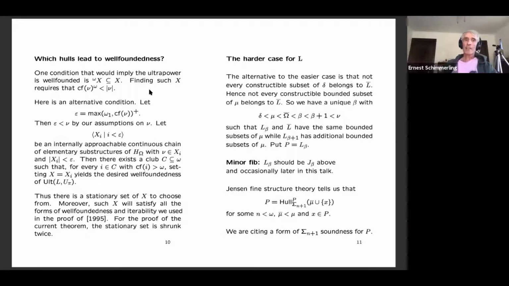Then epsilon is less than nu by the assumptions we made about nu. Build an internally approachable chain of length epsilon. So internally approachable means you add initial segments of the chain at the next stage. These are elementary in H omega. We want to throw in nu and keep the models smaller than epsilon.